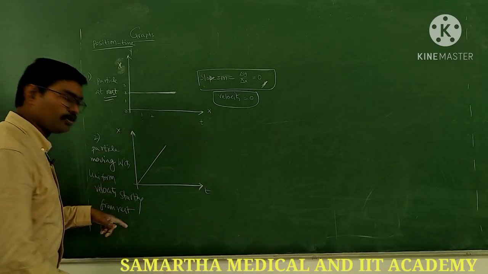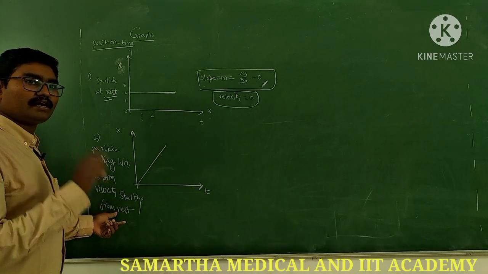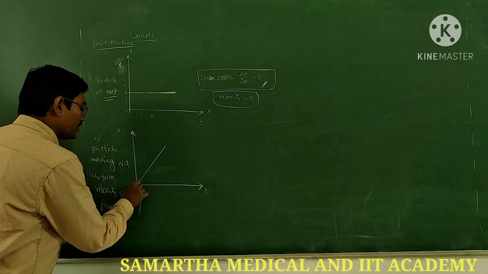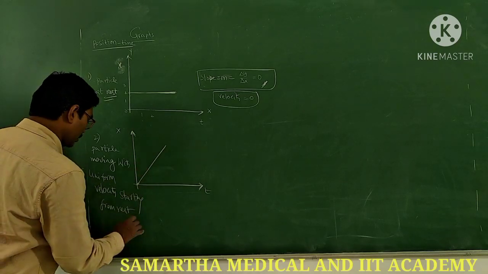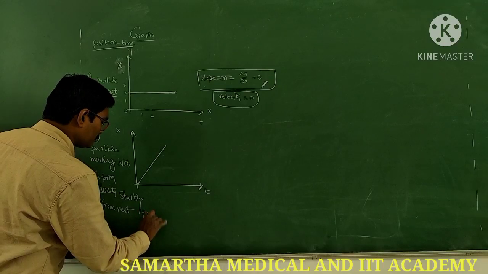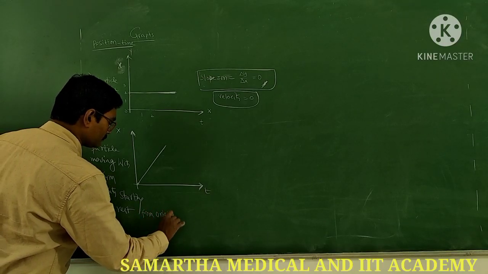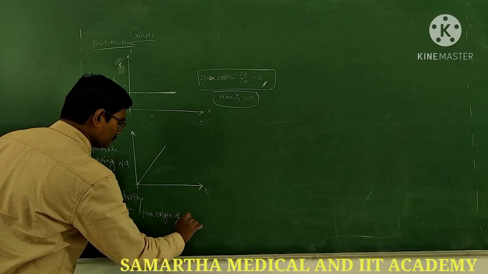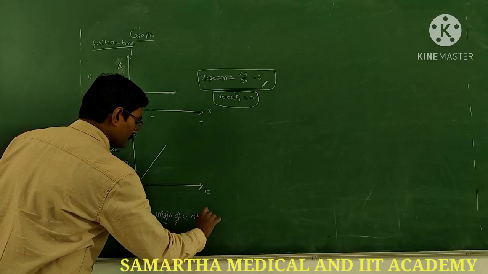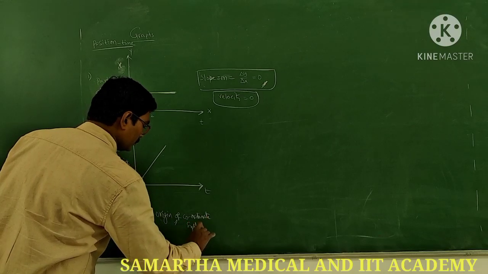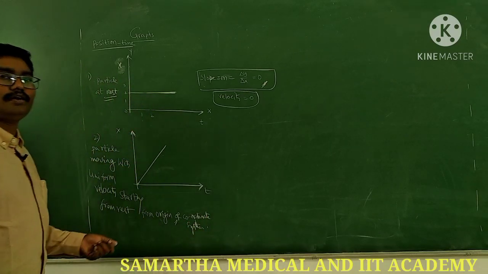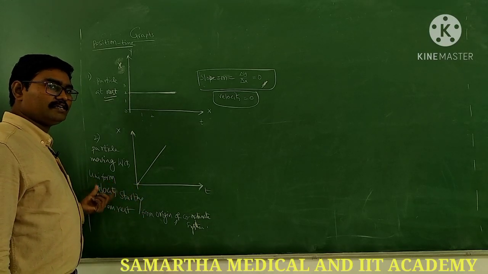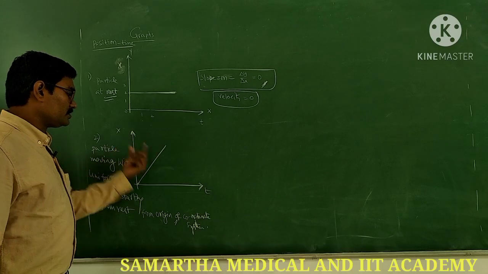One more thing you need to notice: the position of the particle started from the origin of the coordinate system. Uniform velocity only. Right? Now, this is the position time graph.